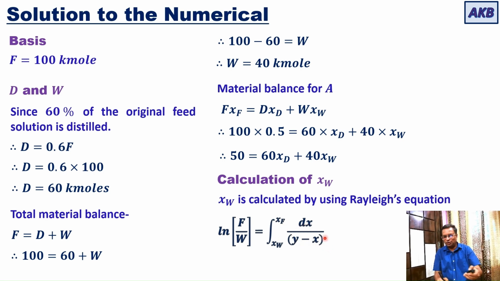And we are going to use the analytical solution. I have made one video where I have derived, or told you how to get, the analytical solution for Rayleigh's equation. I am giving the link to that video in the description section. In this discussion, I am going to use the equation directly.